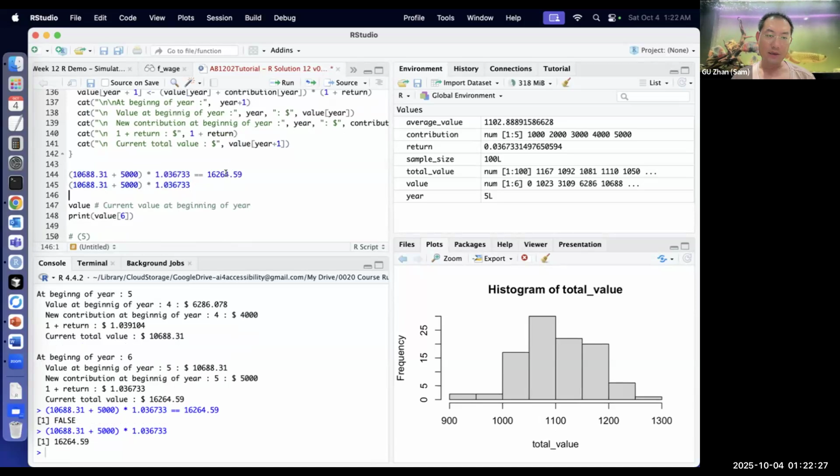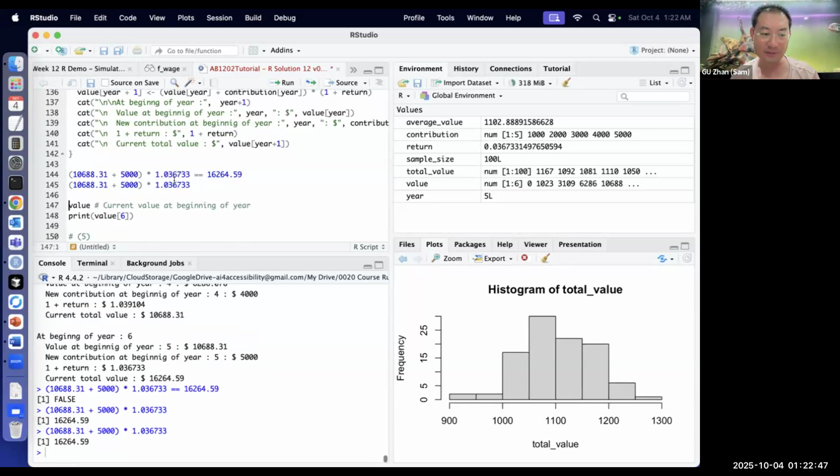162.64.59. Okay, 162. Yeah, so it looks the same, but if it's false, there is some minute invisible numerical difference in our software engine, but in general, these two are the same. Okay, so these two should be the same.